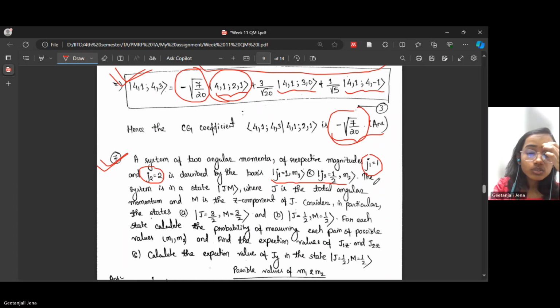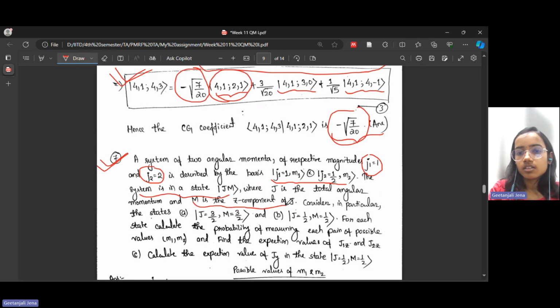Okay, so this system is in a state |J, M>, which is the coupled basis state, where J is the total angular momentum and M is its Z component.